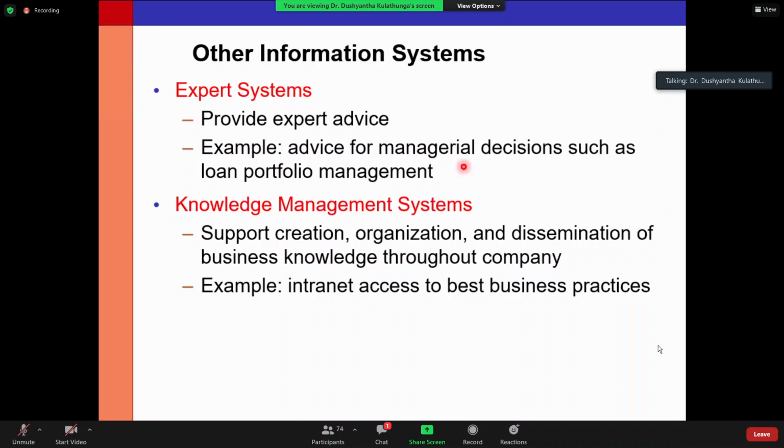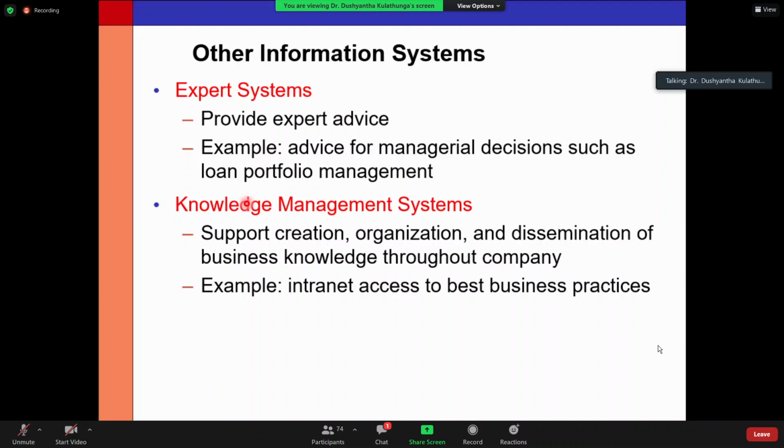Okay. Then the next category is knowledge management systems, which support creation, organization, and dissemination of business knowledge throughout the company. Now, this is a specialized system. All other systems that we classified under operation support systems or management support systems process data generated from transactions.